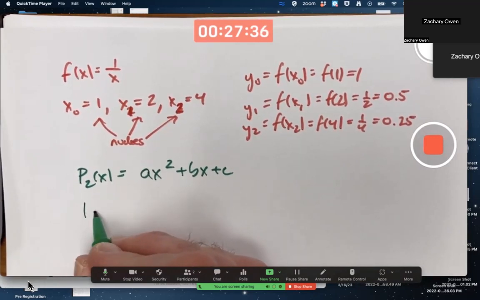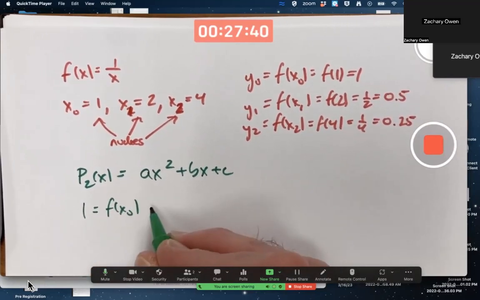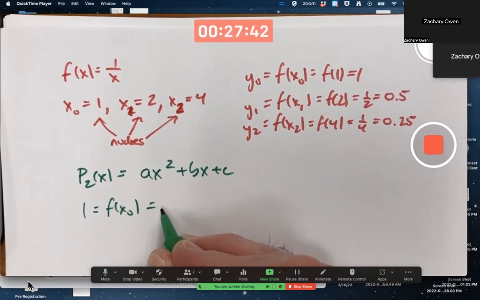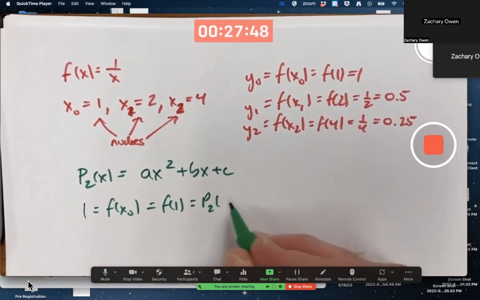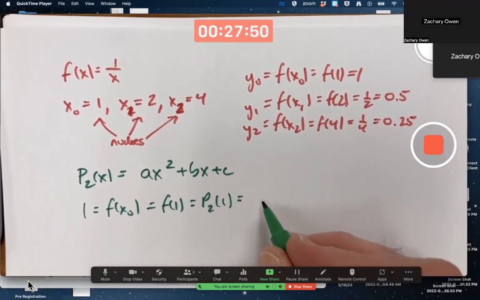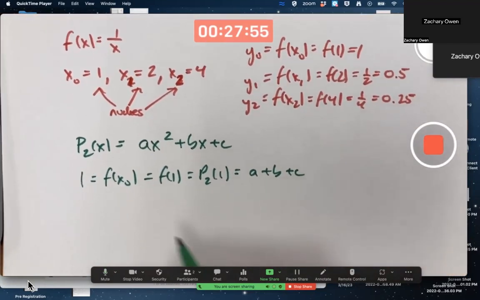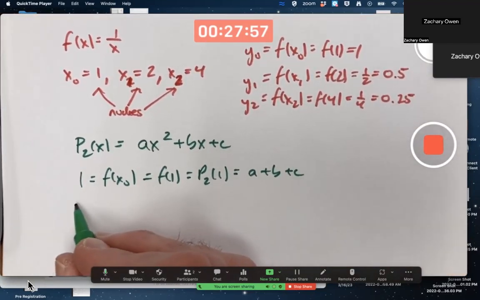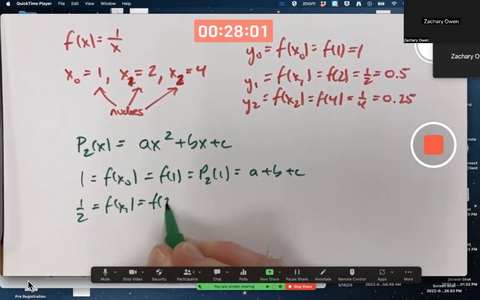So 1 equals f of x0, which is also y0, which is f of 1, should be also P2 of x0, which is 1. And if you plug in 1, you get a plus b plus c. The next y value is 1/2. 1/2 should be f of x1, which is f of 2.